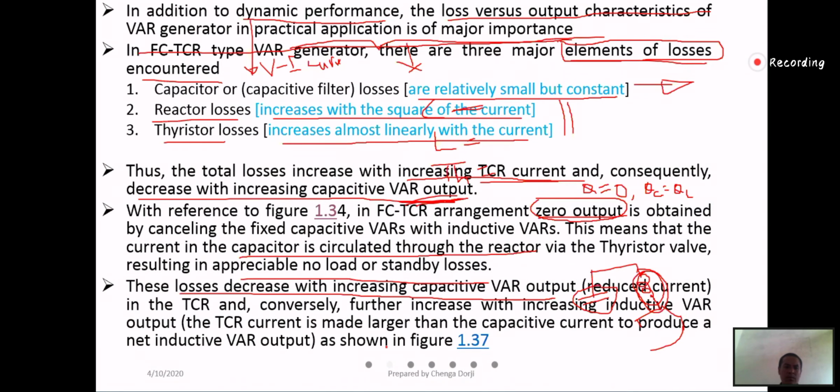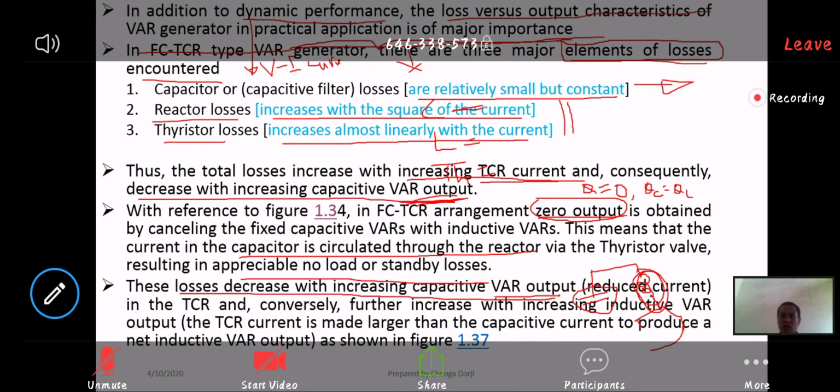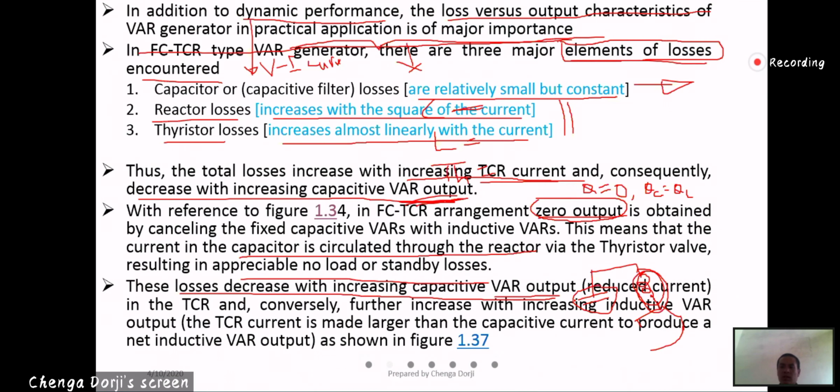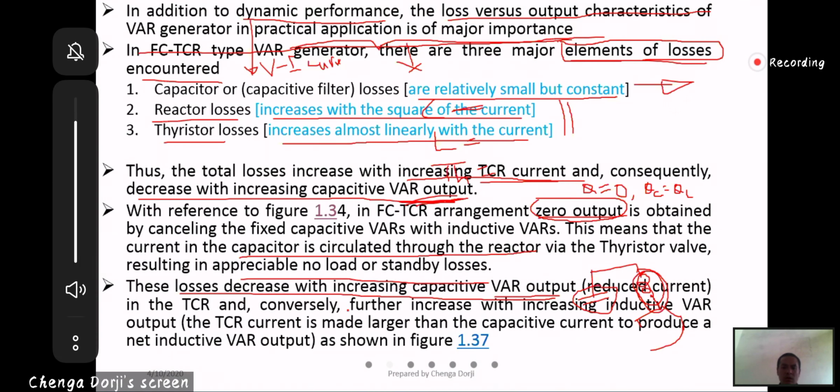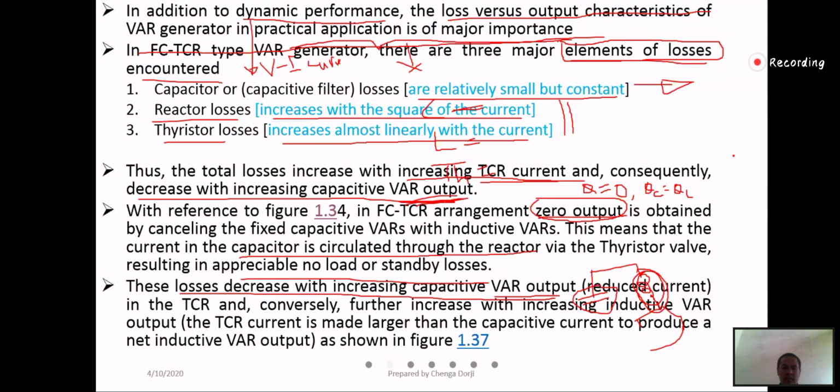So these losses decrease with increasing capacitive VAR output in the TCR, and then further increase with increasing inductive VAR output. To produce this, the TCR current is made larger than the capacitive current to produce a net inductive VAR output.